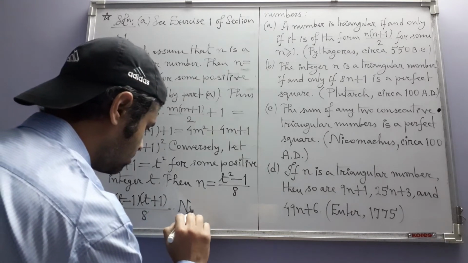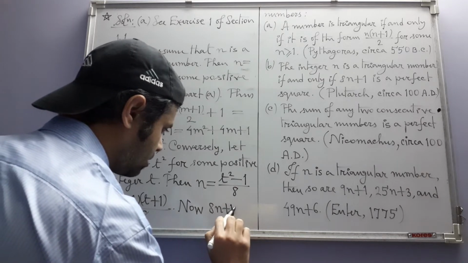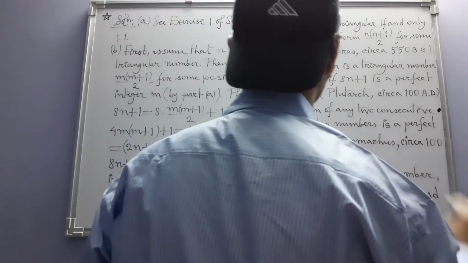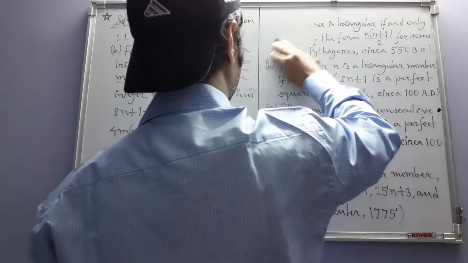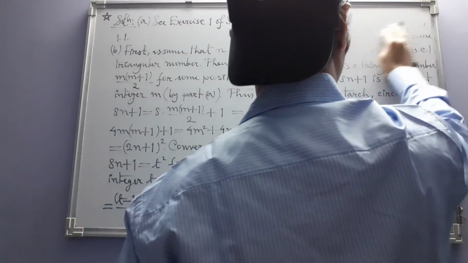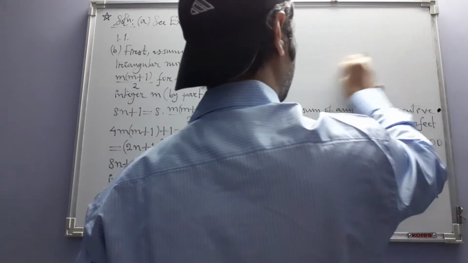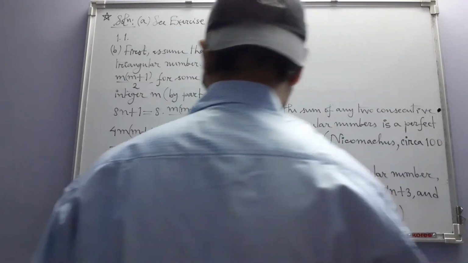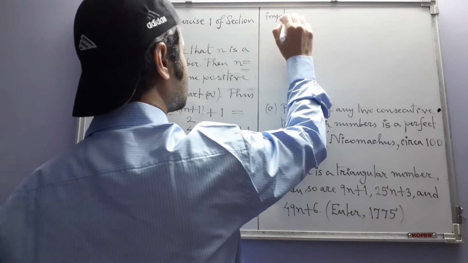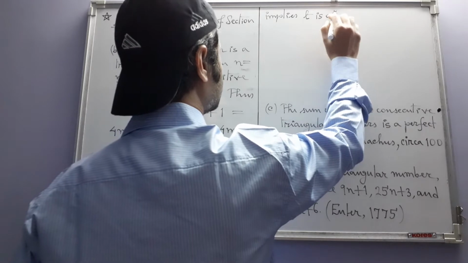Now 8n plus 1 equal to t square implies t is odd.